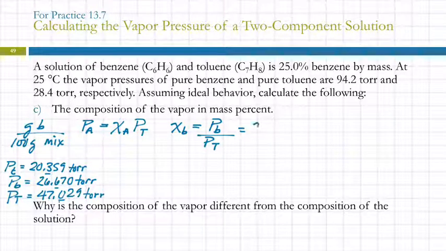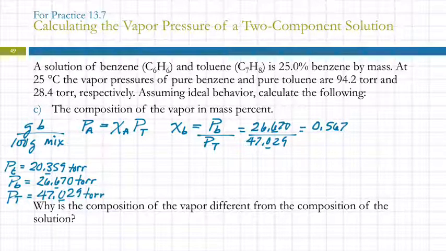So that's going to give us 26.670 divided by 47.029. Calculator issues. 0.567. That's the mole fraction of benzene.